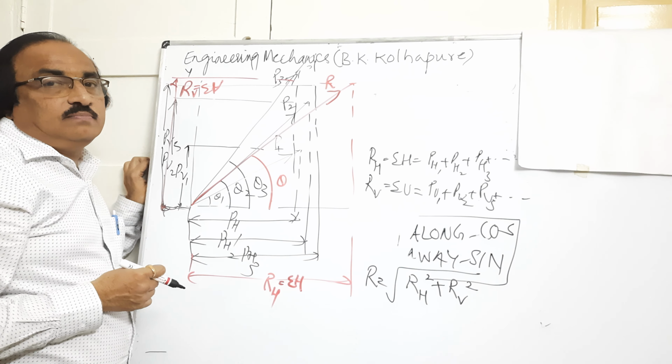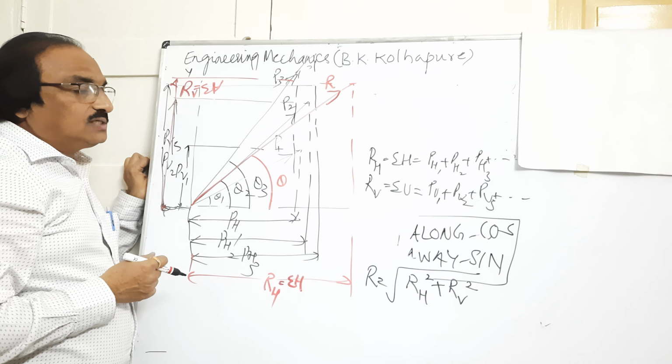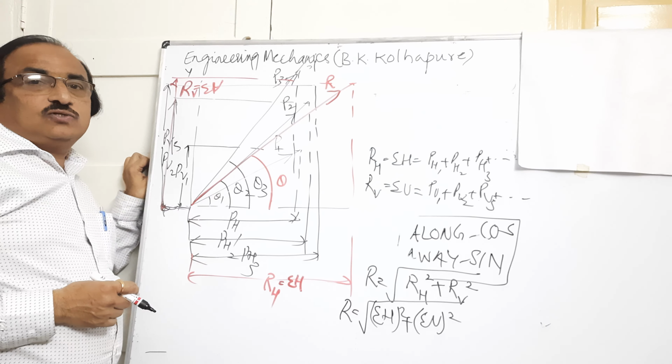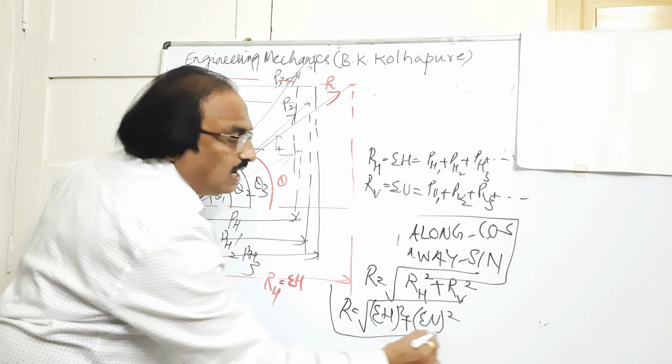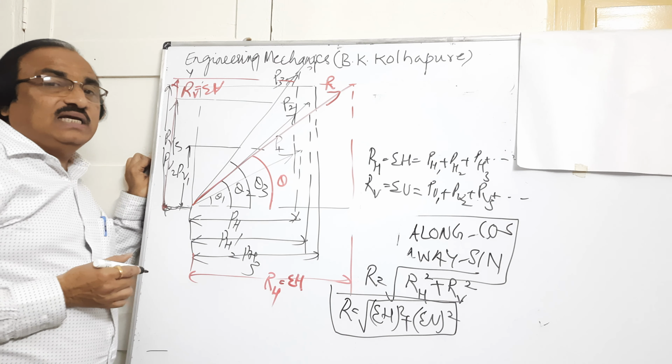That is Pythagoras theorem. So R is equal to under root sigma H square plus sigma V square. So whenever you want to find out the resultant, you will have to find out sigma H and sigma V.